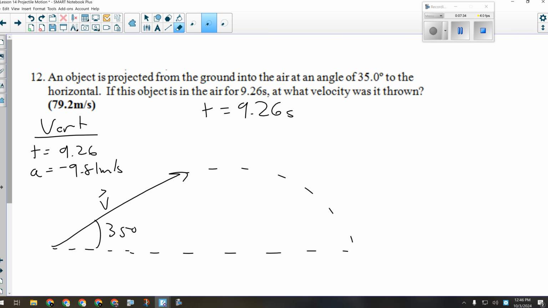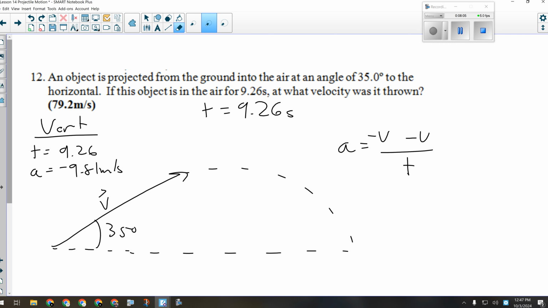Since we're not told otherwise, can we assume that the launch and impact are level? What does that mean for VI and VF? They're the same. Well, one's negative and the other's positive, but they're the same magnitude. So, just like we did with the one the other day, you got VF minus VI over T, but if these are the same number, all we have to do is take out the F and the I and go negative V minus V, because they're the same number.